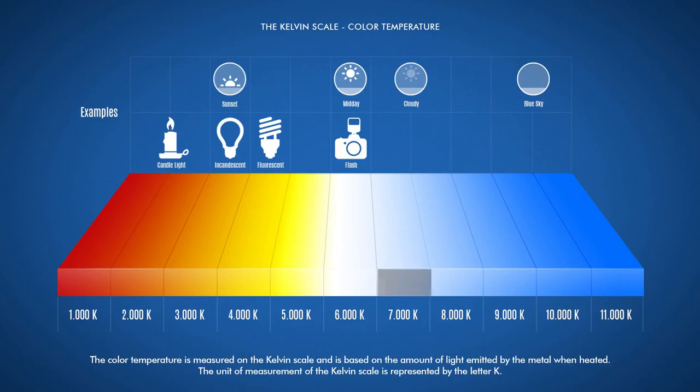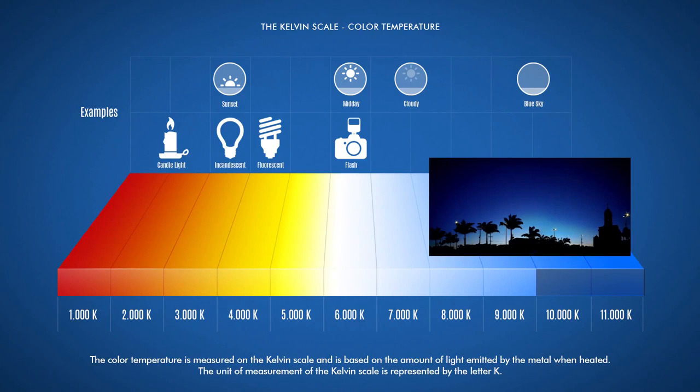Above 7000 Kelvin, this light temperature is more similar to a hazy day. A blue sky without clouds has usually 10,000 Kelvin to 11,000 Kelvin range on the color temperature. And on this reference image, you can see that the color temperatures are at a range of 8000 Kelvin to 11,000 Kelvin.